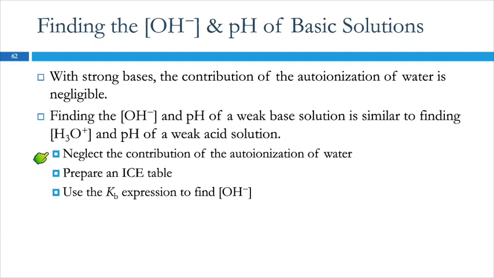We're going to neglect the contribution of the autoionization of water because we can usually do that with weak bases as well, unless they're at very low concentration. We need to make an ice table, and we need to use the Kb expression to find the hydroxide ion concentration. Then if they're asking us for pH, we're going to have to convert to pH.